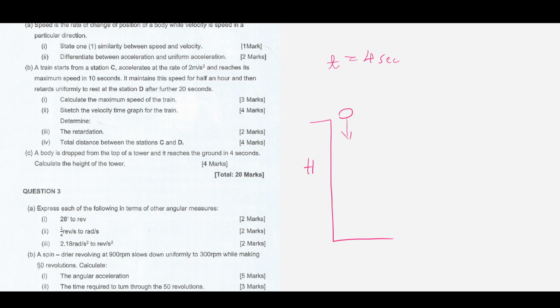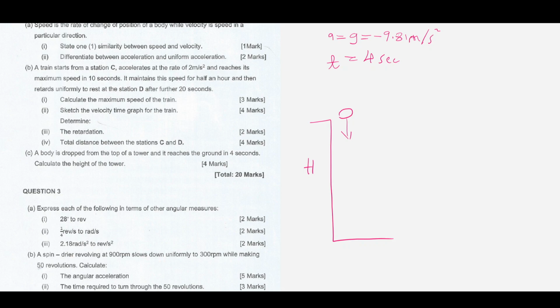So what we know is that since this body was just dropped, it is undergoing free fall where acceleration is equal to negative gravity, which is equal to negative 9.81 meters per square second.